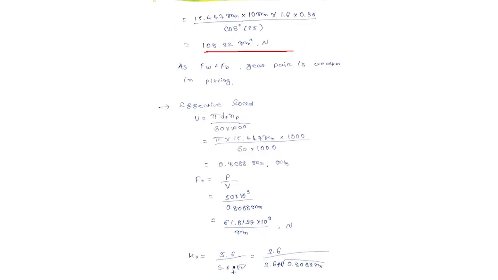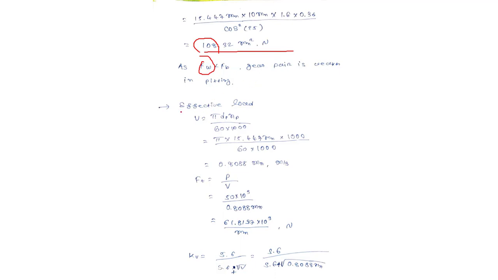Putting all values in this equation, we get wear strength 108.32 mn square Newton. So from both values, Fb is 579 and Fw is 108, we can say that the gear pair is weaker in wear strength or pitting. So we will use Fw for further equations.